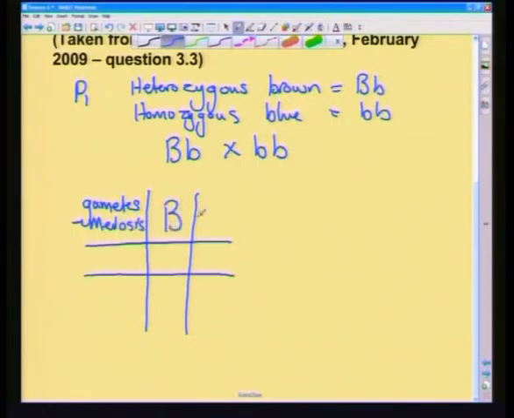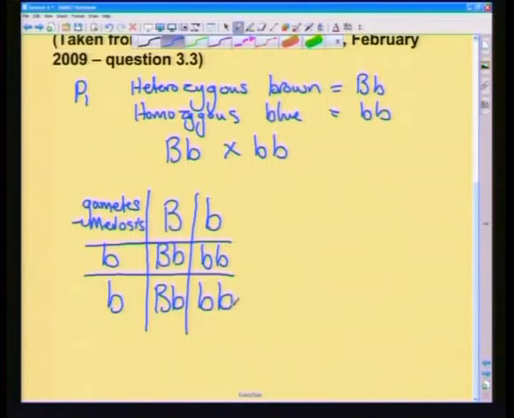Now we have the father and we have the mother, or the male and the female. Okay, let's do our cross. Capital B, small b, and small b and small b. And we have capital B and we have small b. All right, so this is what we are going to have here.